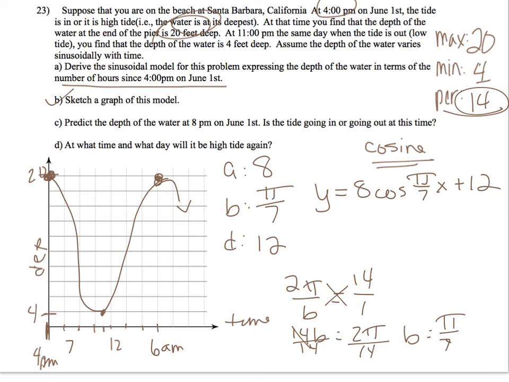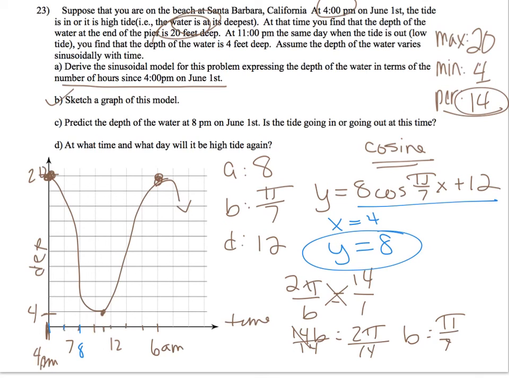Predict the depth of the water at 8 p.m. on June 1st. So 8 o'clock, this is 4, this is 6, this is 8. So that's 8 p.m. But the deal with this equation is how many hours since 4. It's been 4 hours, so I need to plug in 4, not 8, because we go from how many hours since 4 o'clock p.m. So if x equals 4, we plug that in, and we get y equals 8.